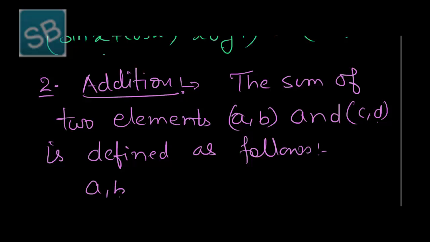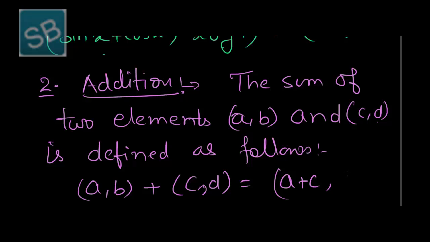That is, ordered pair (A, B) and ordered pair (C, D) is added as the first element of both ordered pairs, that is A plus C, and then adding the second element of both ordered pairs, that is B plus D. That gives the sum of two ordered pairs.